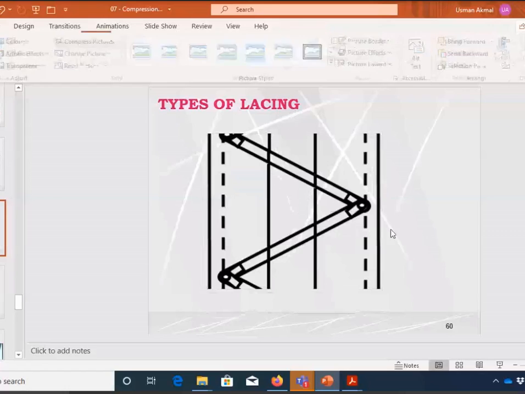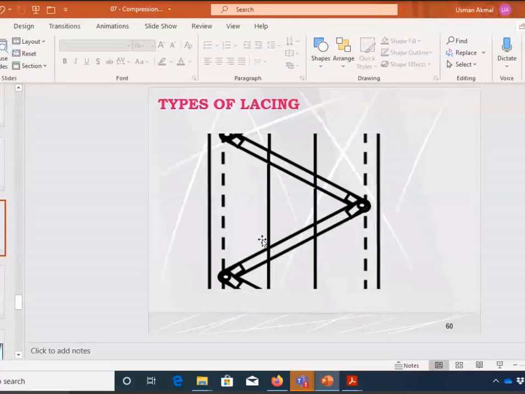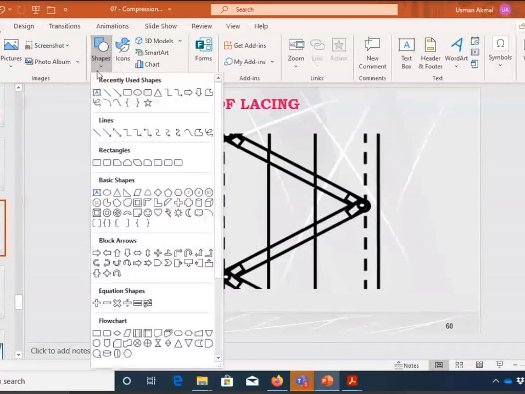In this case, actually we are connecting the lacing with the help of fasteners with both single sections. But if we are using welding, we can connect with the help of weld.